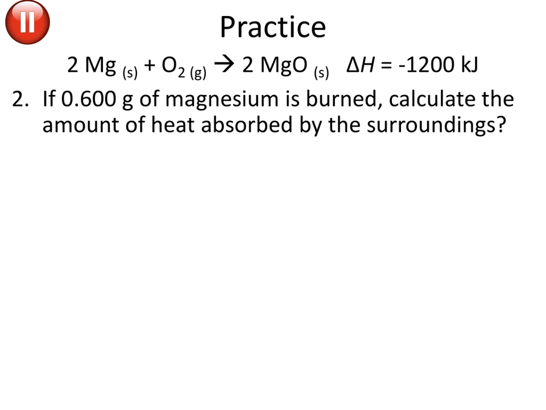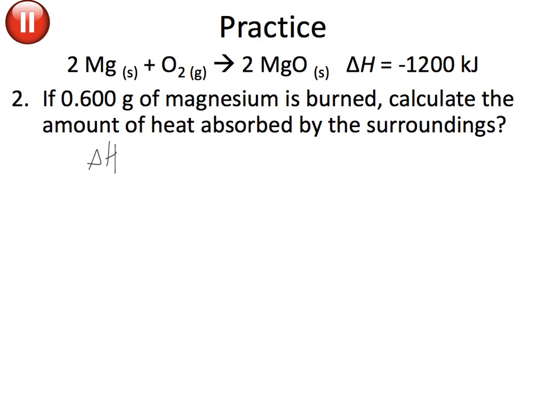All right, next question. Now this one seems a little bit harder because all we're given is 0.600 grams of magnesium that's being burnt. It's asking us to figure out how much heat is being absorbed by the surroundings. Well, to do this, what we're trying to look for is our delta H. But we're not given moles, and we're not given the enthalpy of combustion.